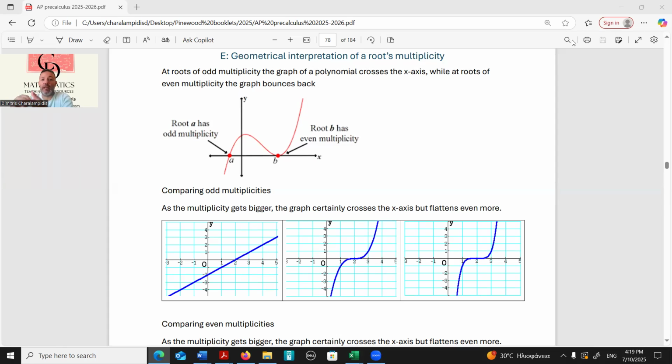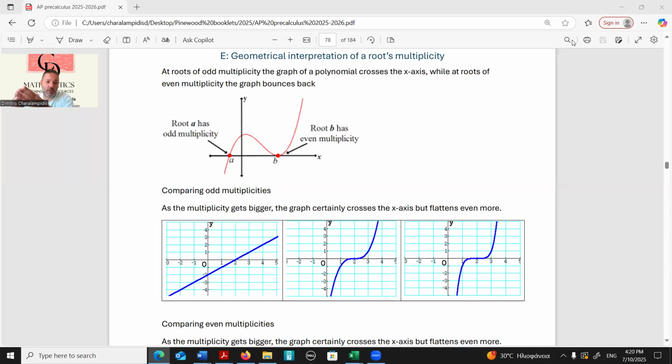For instance, in the first image in front of our screens, you can see that at A, the graph has a root, which obviously has an odd multiplicity. And how do I know that? Well, I can see that the graph intersects the x-axis, cuts the x-axis, moving from below. Also, at B, the graph has a root.